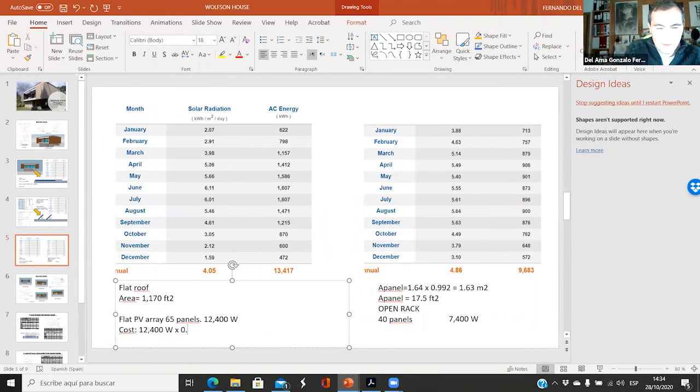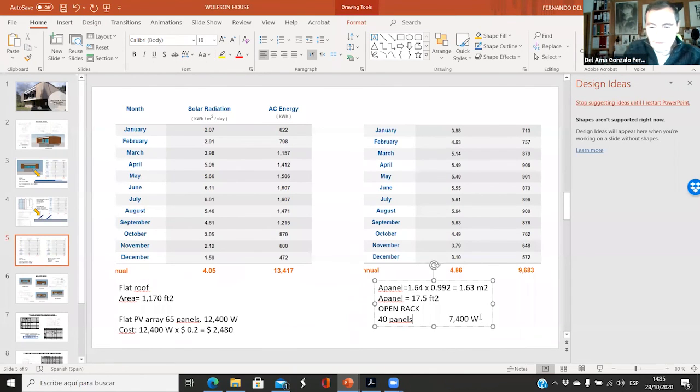So the price of this array is 12,400 times 0.2. Okay, it's 2,480. What? Dollars. Everybody understands dollars.